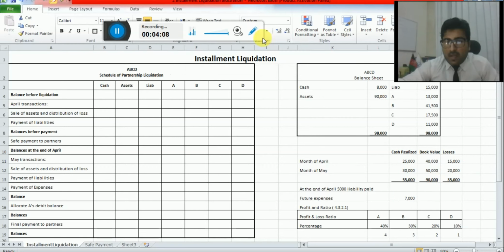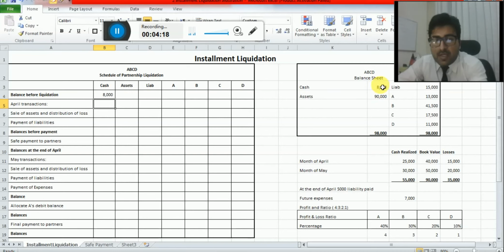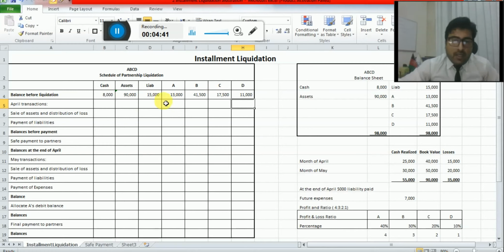We are just posting all these values to their respective columns. So we have cash, which is 8,000. Then we have assets, then liabilities, then A, which is 13,000, then B and C values, and then D. You can also write them manually, just use an equal sign and click the value that comes here.